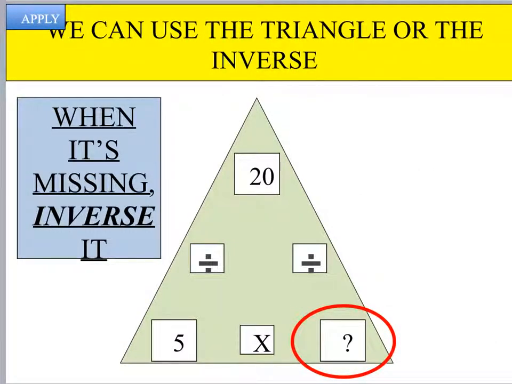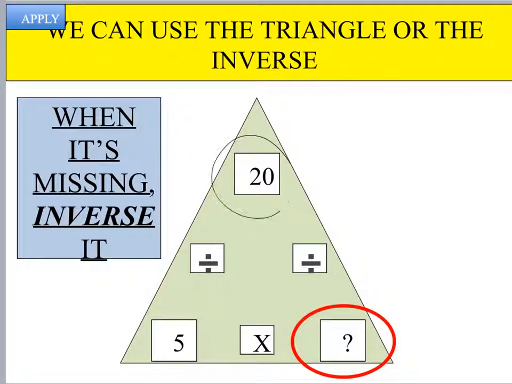So for me, if I was trying to solve 5 times something equals 20, I would use my inverse triangle. So you can see here I've got my 5 times something equals 20. Division and our triangles, the biggest number always goes at the top. Let's remember that. So what I would do is I'd turn it into reverse.